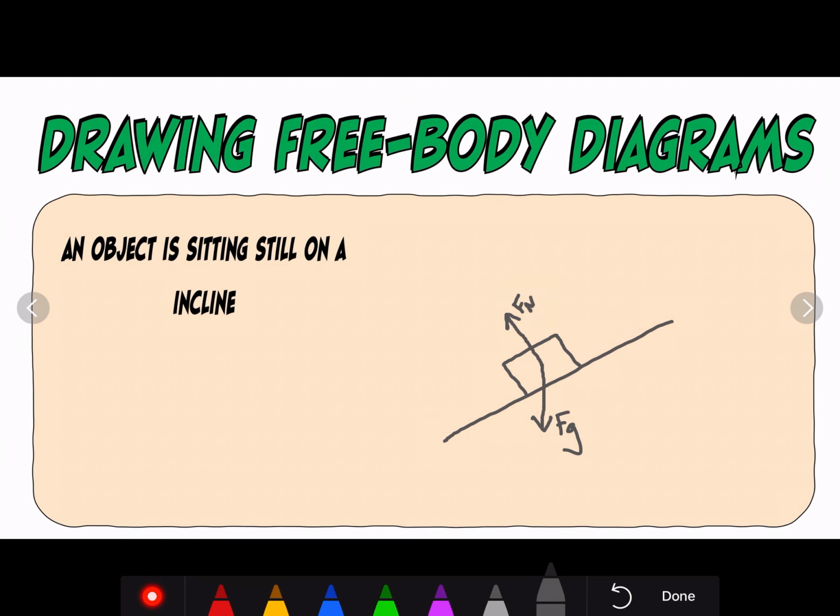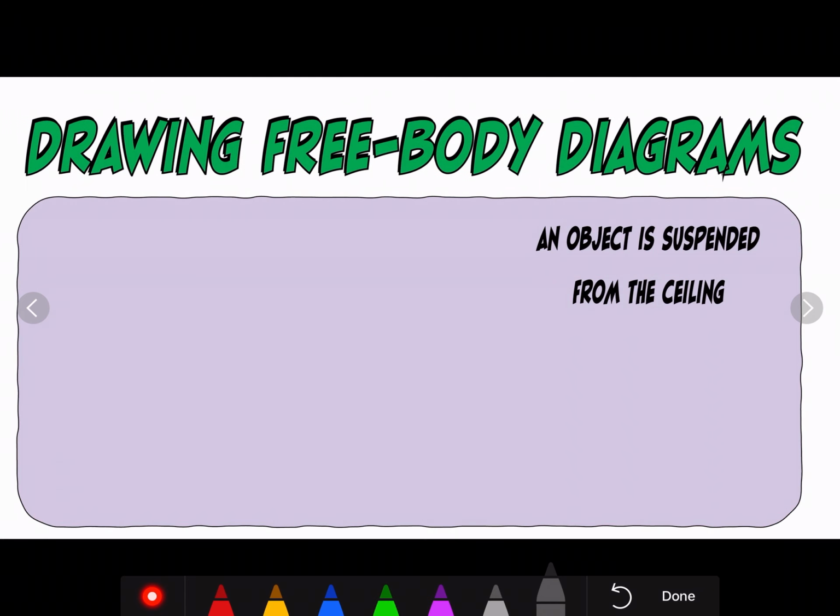Now the object isn't moving, so that means that there's one more force, and that would be friction. So our force of static friction is going opposite the direction it should be moving. So it should slide down the hill, so friction goes uphill, parallel to the surface.